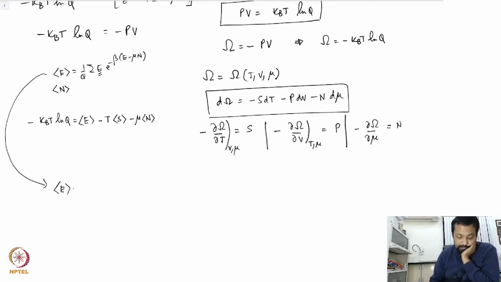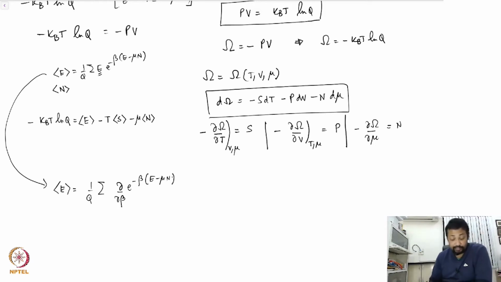The average of E is going to be 1 over Q sum over del beta of e to the power minus beta (E minus mu N).